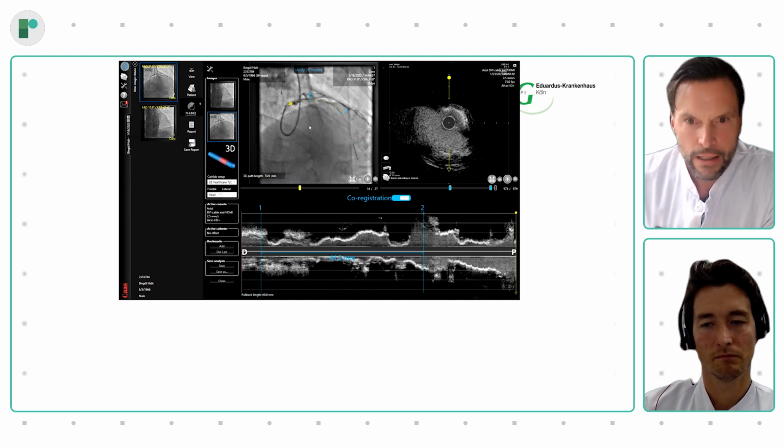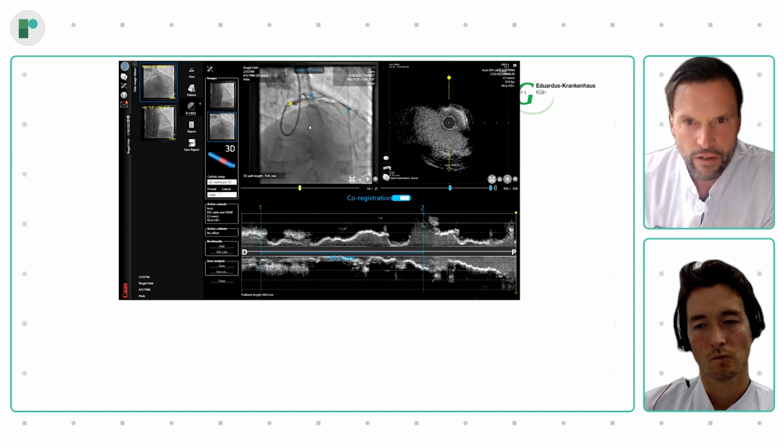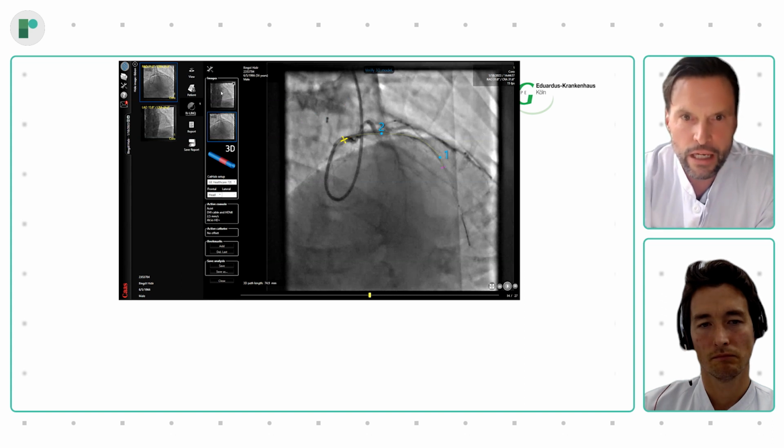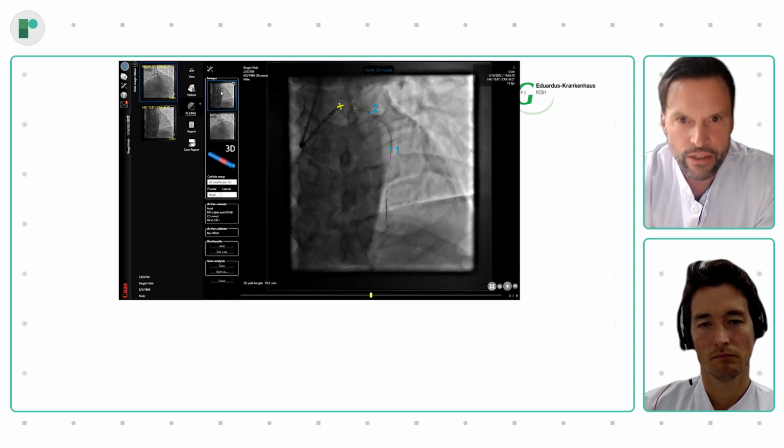We had the opportunity of co-registration of HD IVUS with angiograms, and you see how it can be performed here. You just have to draw a center line in your coronary.